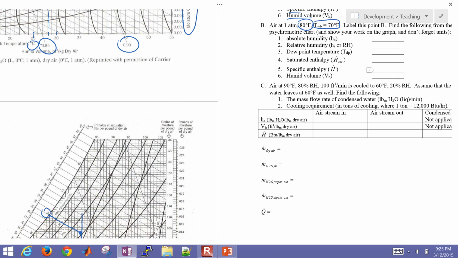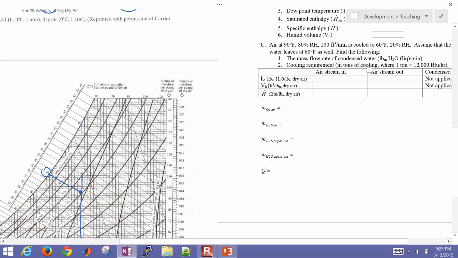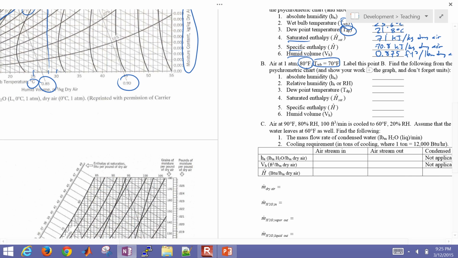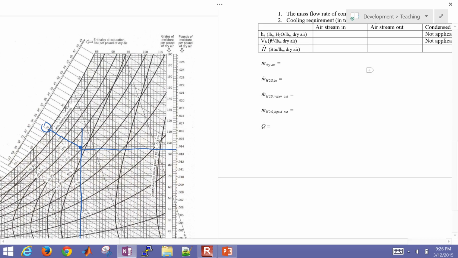Let's do some more calculations. Absolute humidity: let's just trace this one straight over. I'm going to say that's about 0.03136 pounds of H2O per pound mass dry air. That was my first one. Let's compute some of the other ones as well.